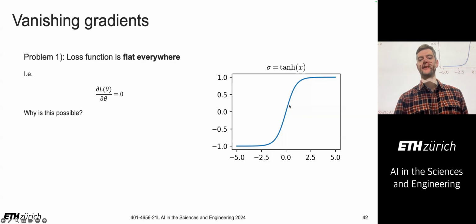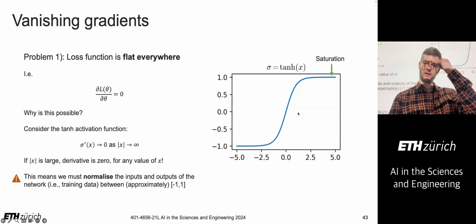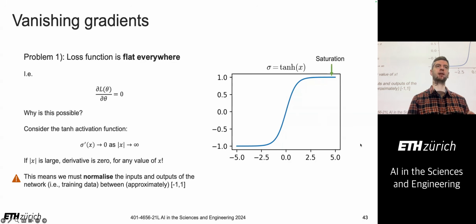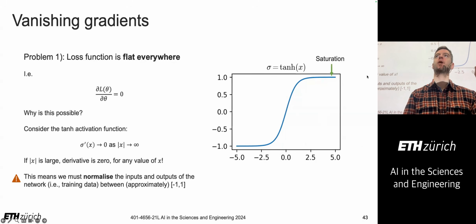So when the magnitude of x is very large, so if it's very negative or very positive, tanh has this property which we call saturation, where the activation saturates, and it just gives a value of 1 no matter what the value of x is. So if we give it an input that's not approximately within -1 to 1, then the output of the activation isn't going to depend on the input anymore.